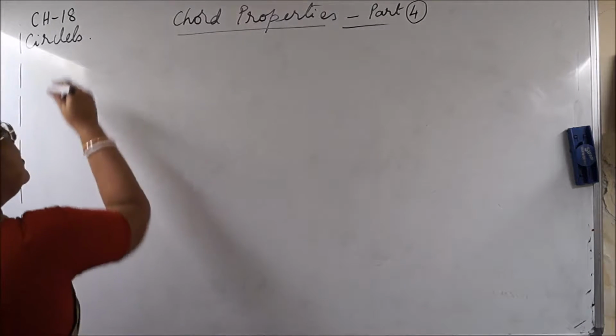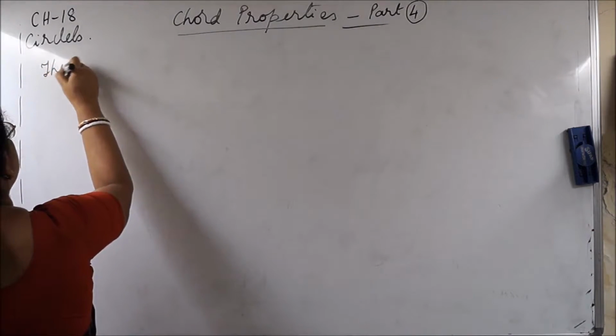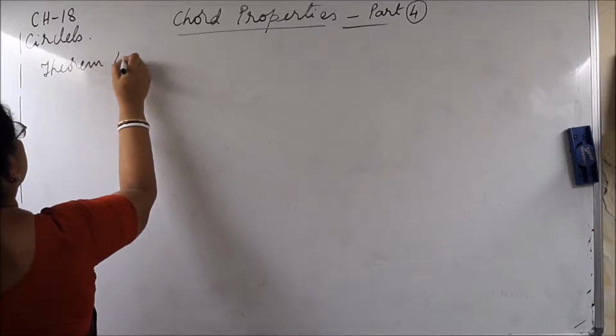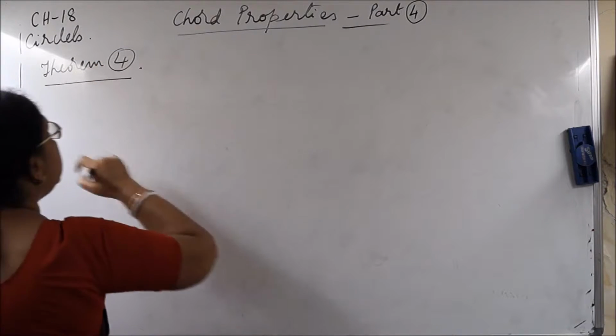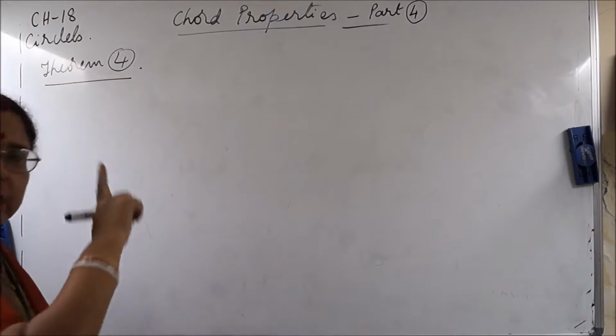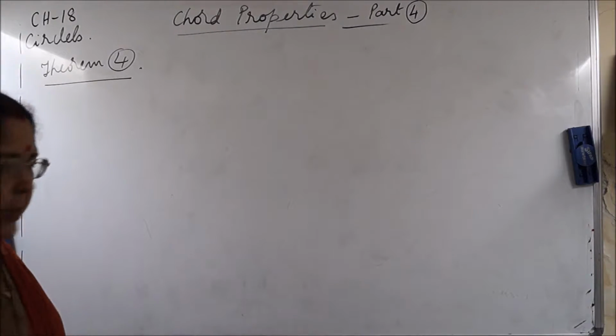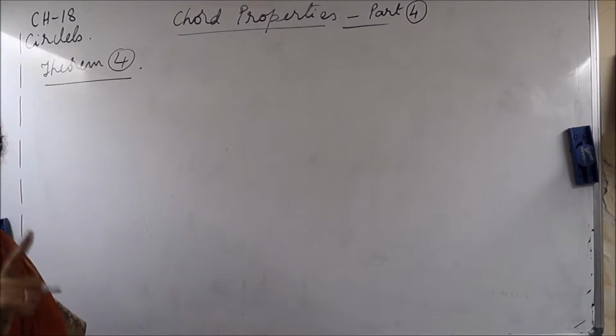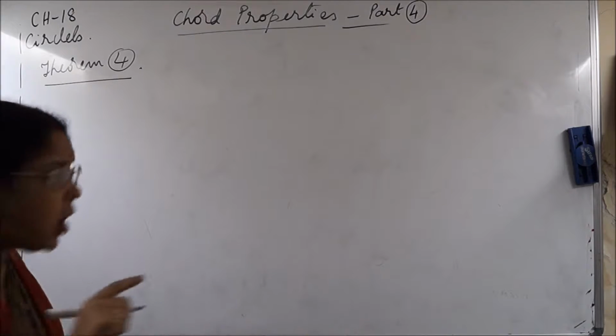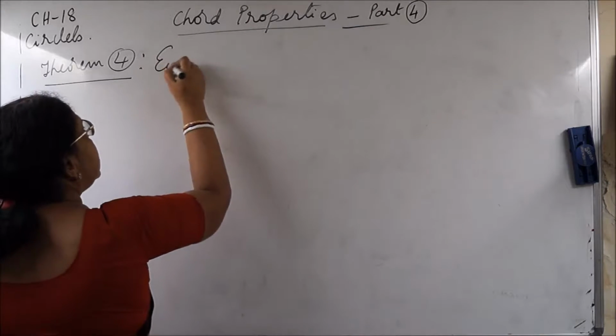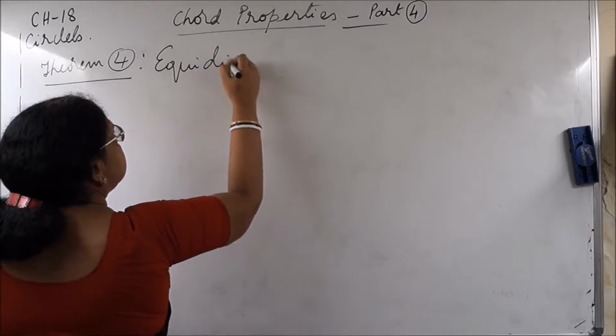According to our convenience, we number this theorem as 4. This is the converse of the theorem that we learnt in part 3. In part 3 we learned equal chords are equidistant from the center. Now we will say equidistant chords.